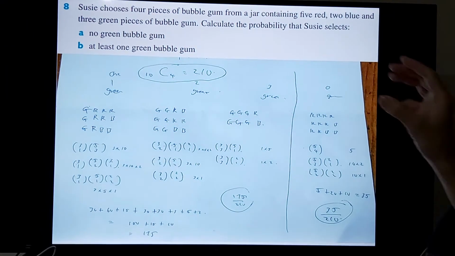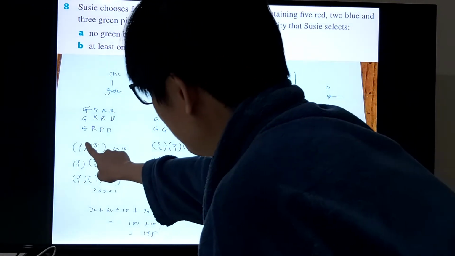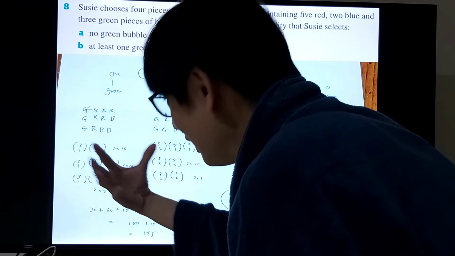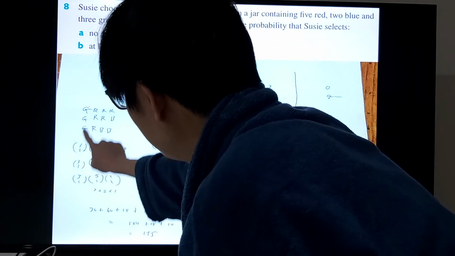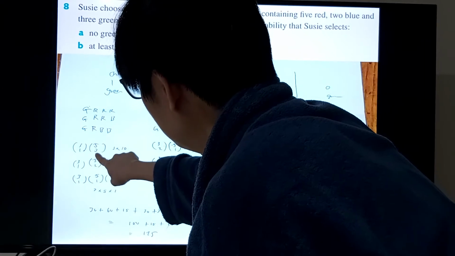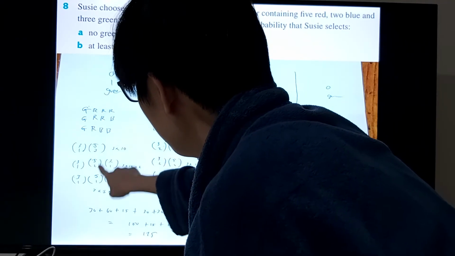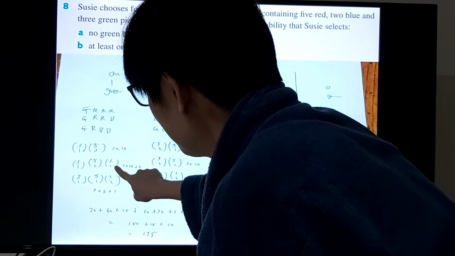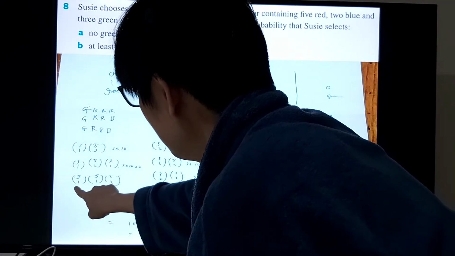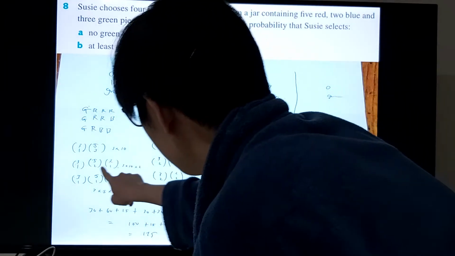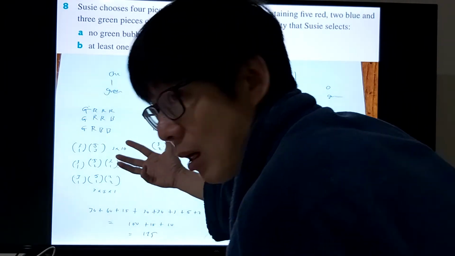So from this I can find out the number of selections that you can have with the C formula: 3C1 and 5C3, 3C1, 5C2 and 2C1, 3C1, 5C1, 2C2.